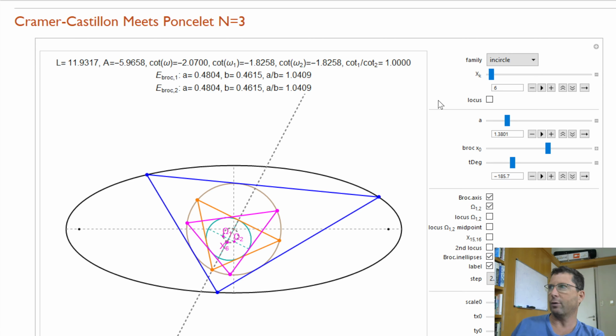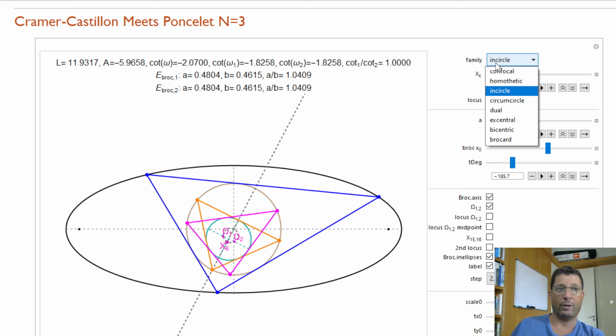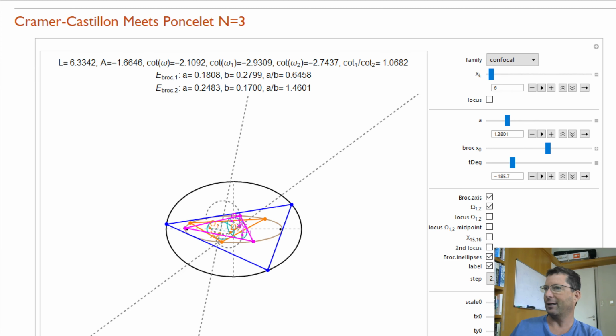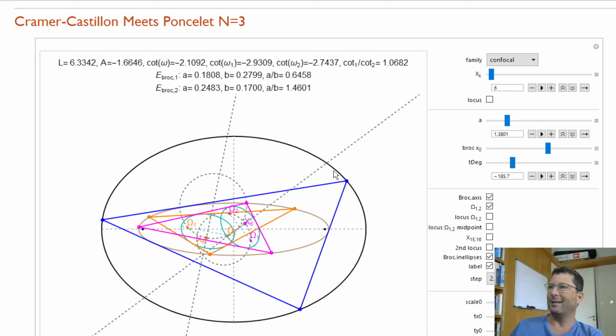But I want to show you guys what happens if I change my family to another well-known Poncelet family, the confocal family. Okay, so you get a much messier picture. So this blue triangle here is a three-periodic in an elliptic billiard. The billiard is this black ellipse here, and here's a confocal caustic.